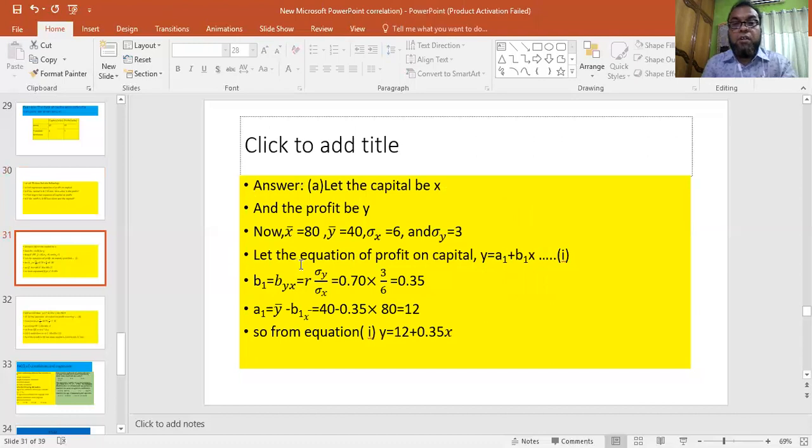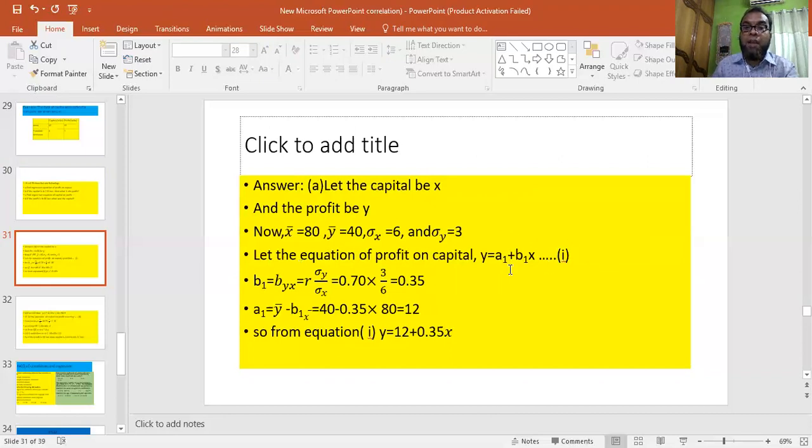So Y equal to a1 plus b1 X. Now b1 equal to r sigma Y by sigma X. We have got the value of b1 equal to 0.35. And what is a1?